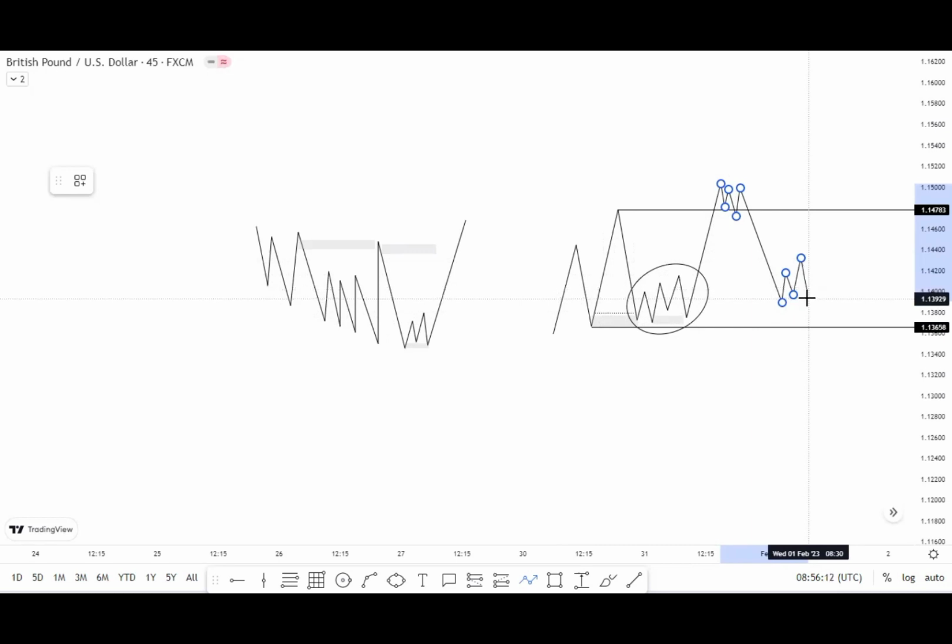Then price takes you out, comes to this extreme, then targets the buy side liquidity, which is the external range, your major liquidity. So all of these are forms of it; to take out this high is the minor liquidity. So that's it.